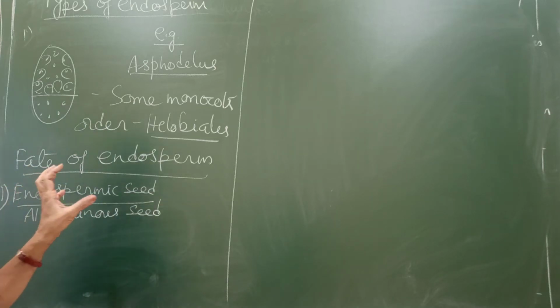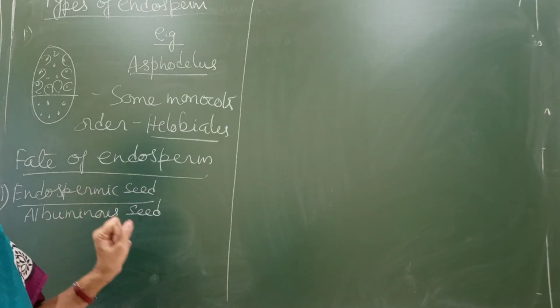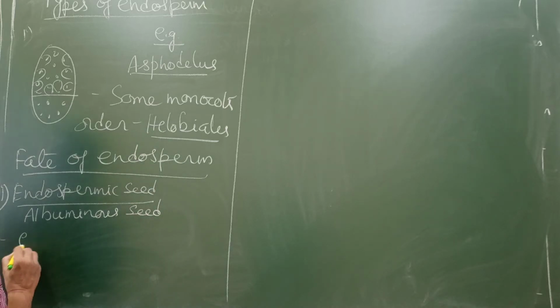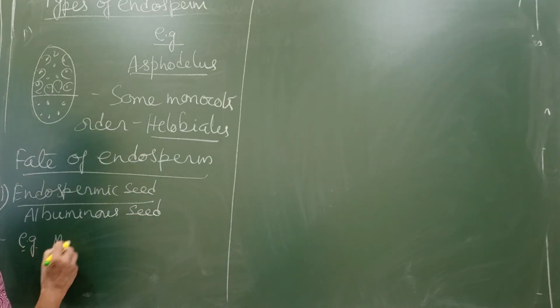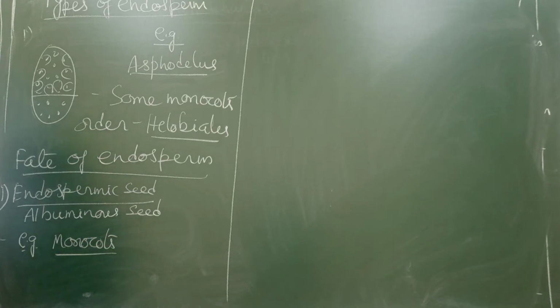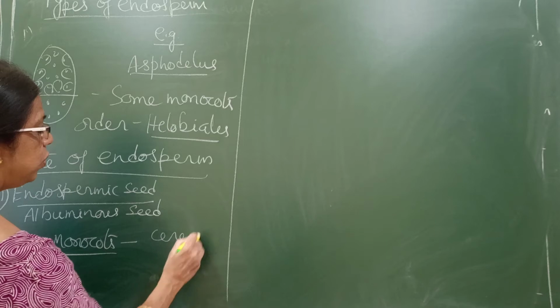Here a part of endosperm will be consumed and some part of endosperm will be left. This is generally found in monocots. Any monocot, you can give the example of endospermic seed, like cereals.